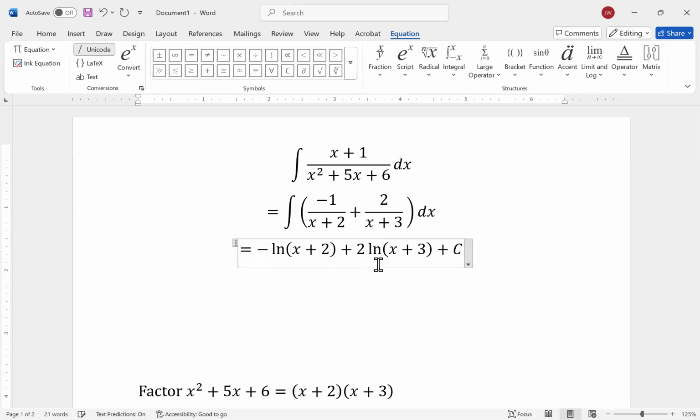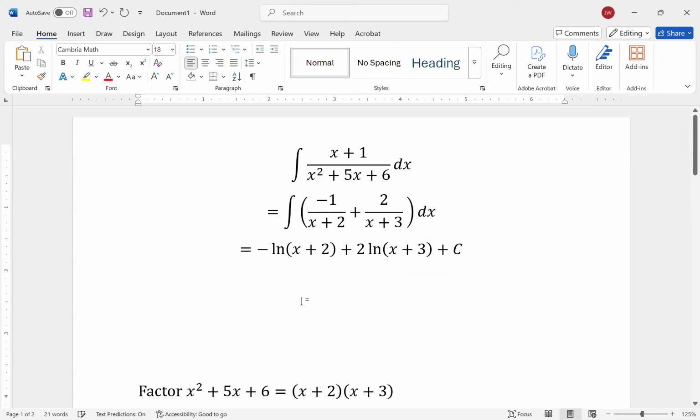So my final answer is that the antiderivative of quantity x plus 1 divided by the quantity x squared plus 5x plus 6 is equal to negative natural log of x plus 2 plus 2 times the natural log of x plus 3 plus any constant that we want to add.